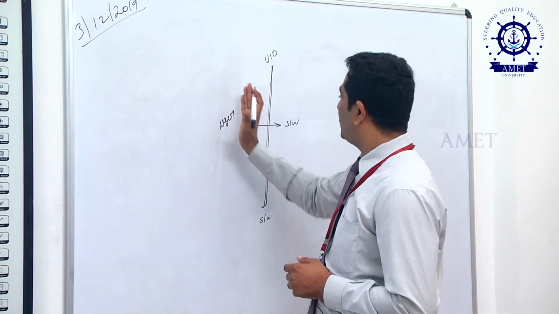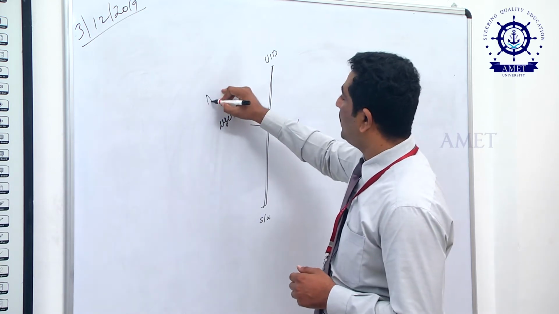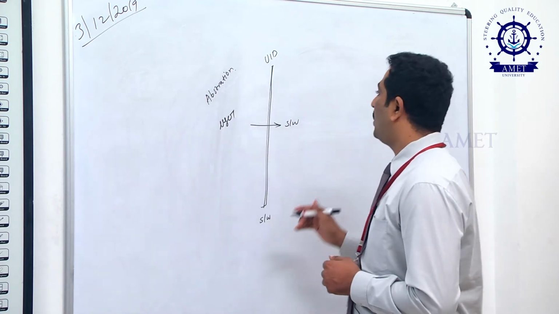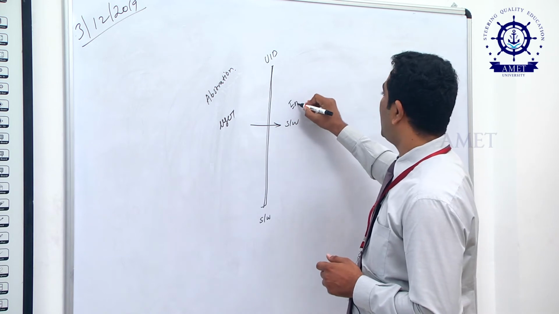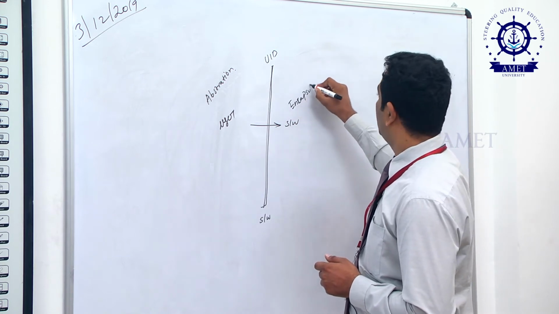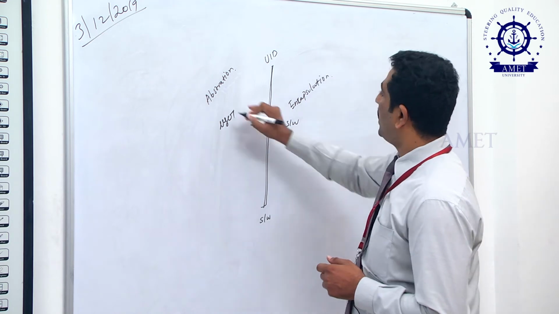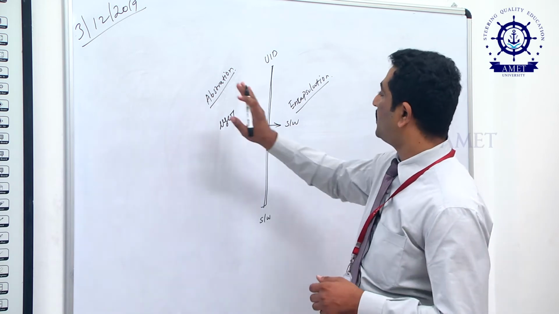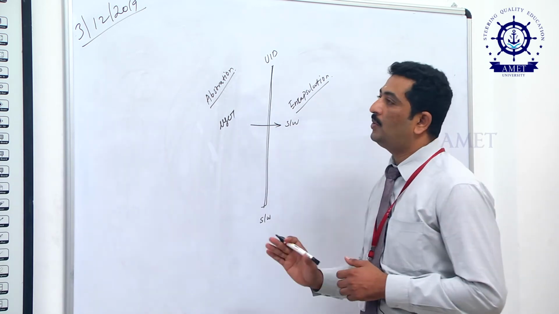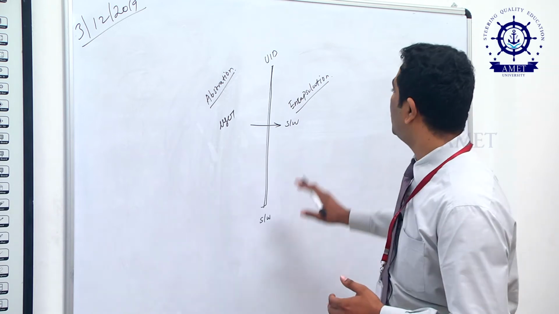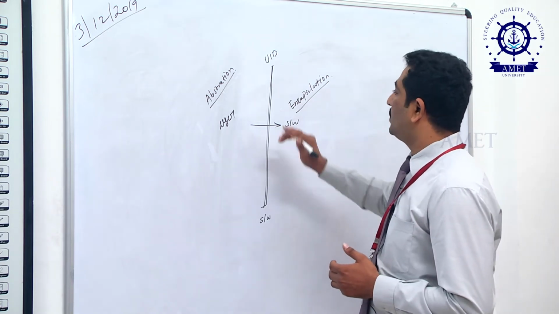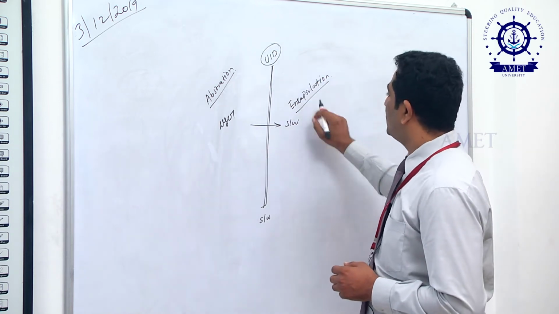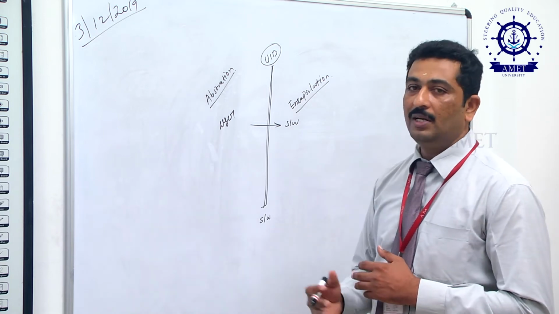What we see on the screen is called abstraction. What happens behind the screen is called encapsulation. Abstraction shows the essential things to the users, while encapsulation hides something from the user. Abstraction is mainly used for user interface design, and encapsulation is mainly used for processing in your software.